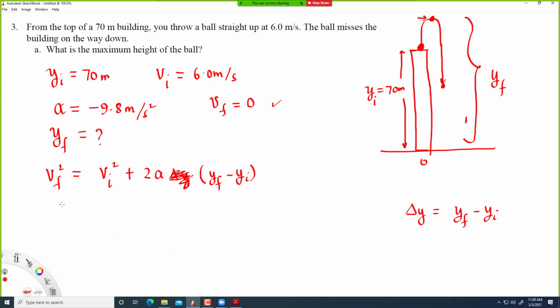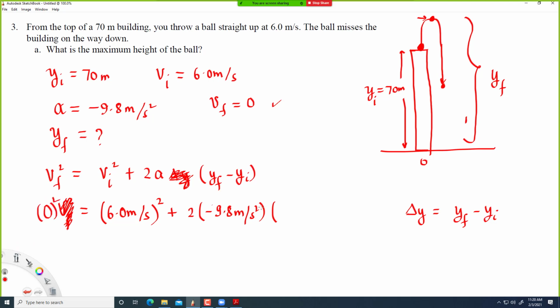So we want to find final velocity. Initial velocity is 6 meters per second, that squared, plus 2 times negative 9.8 meters per second squared, times the final position minus the initial position. Final velocity is known, this is 0.